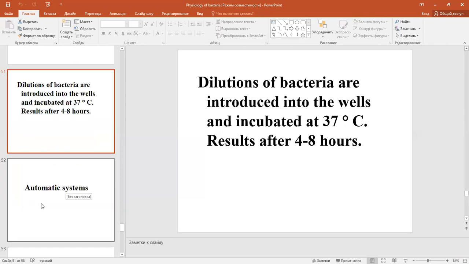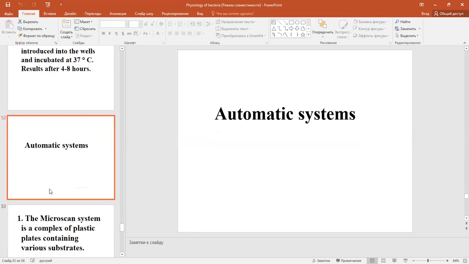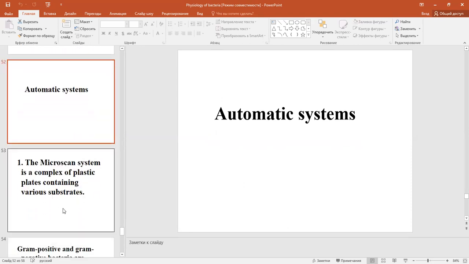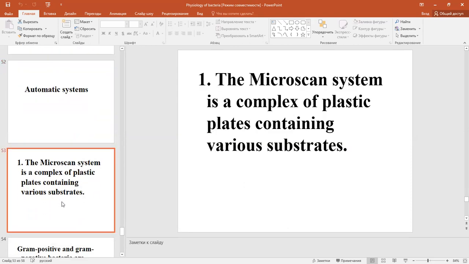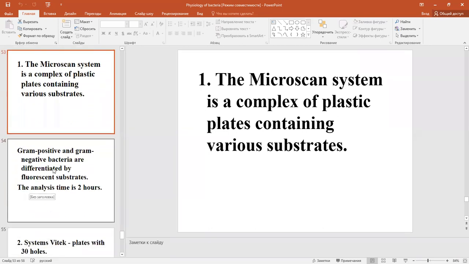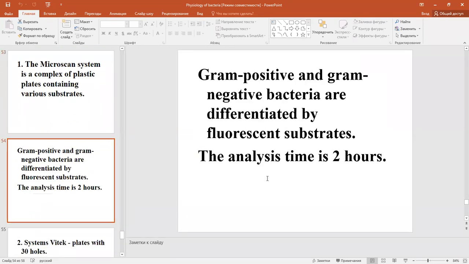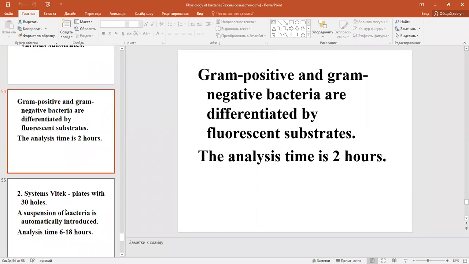Nowadays, automatic systems are developed, and the macroscale system is a complex of plastic plates containing various substrates, and gram-positive and gram-negative bacteria are differentiated by fluorescent substrates, and the analysis time is approximately 2 hours.